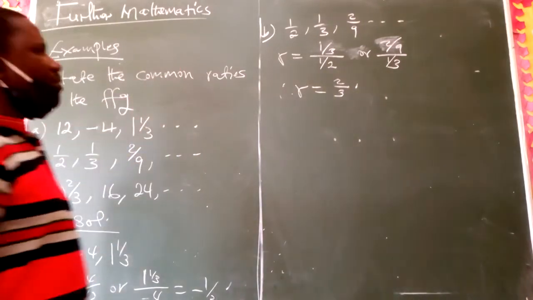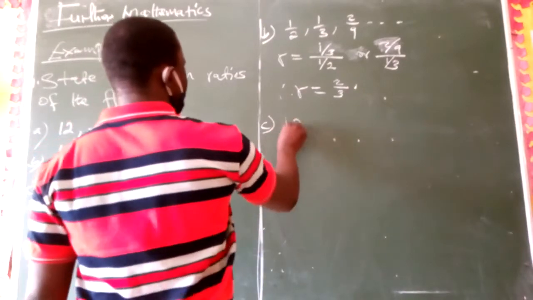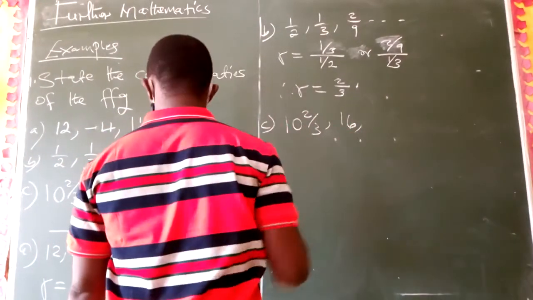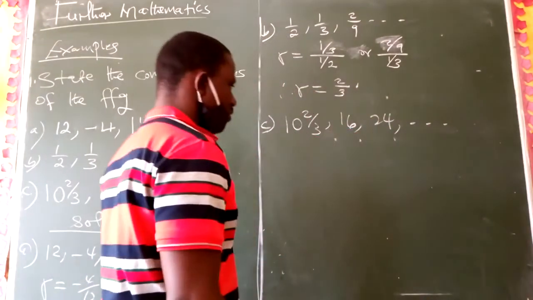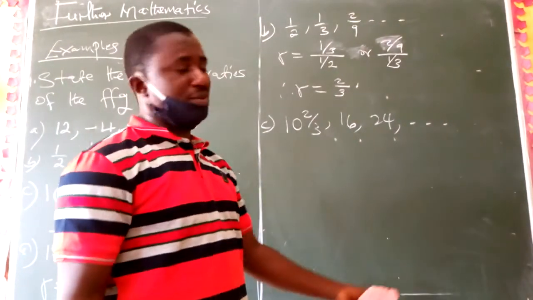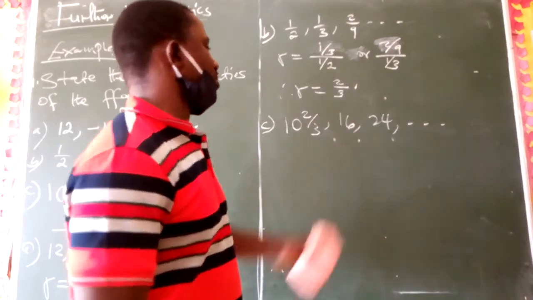Okay? So, C. In C, we have 10 whole number 2 over 3, 16, 24, continuously. So in this, I can easily just use this 2 to establish my common ratio. But I can also use this, but this is easier to use, right?